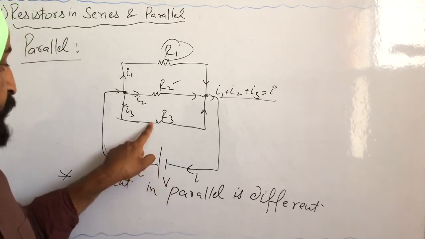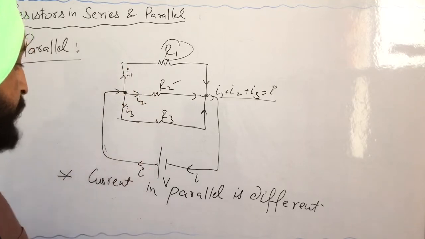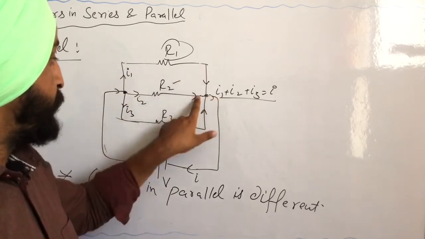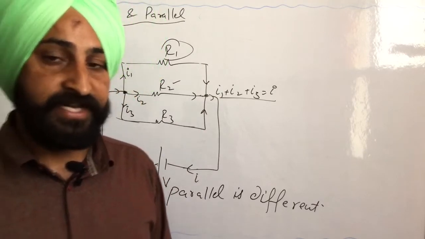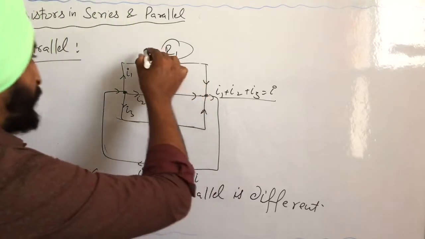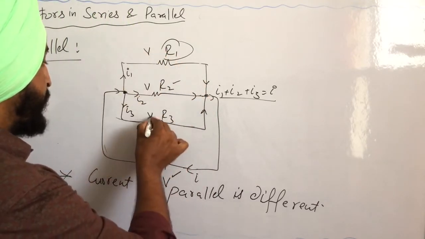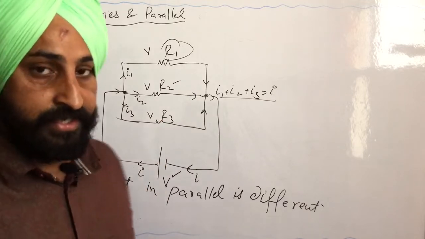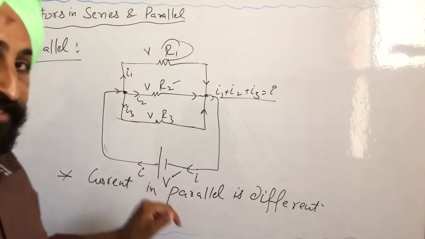So the starting points of all three resistors are connected with the positive terminal of the battery, and the ending points of all three resistors are connected with the negative terminal of the battery. That means the potential drop over the first resistor will also be V, through the second it would also be V, and across the third it would also be V. And these potentials will be equal to the potential provided by that battery.